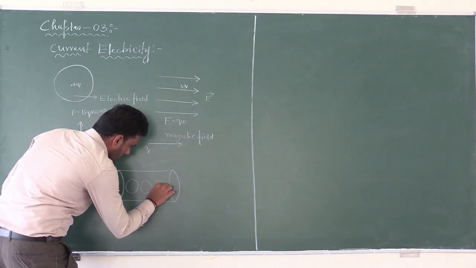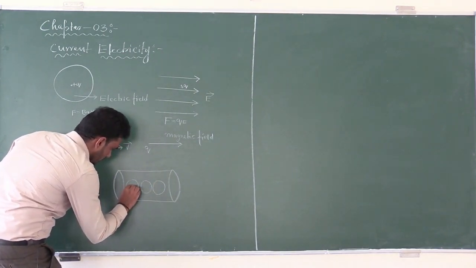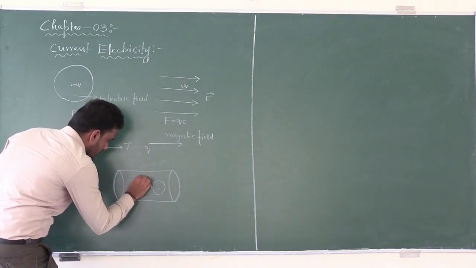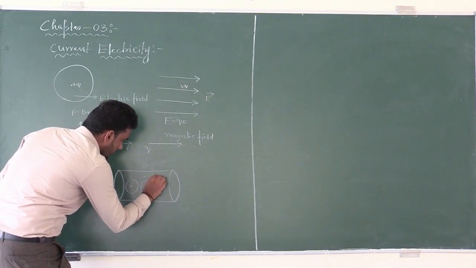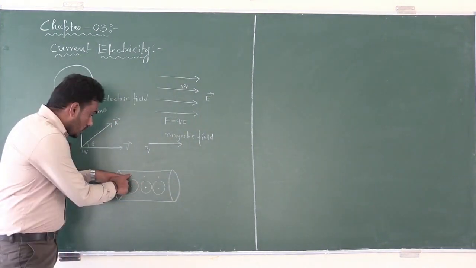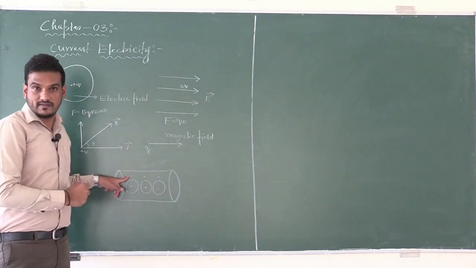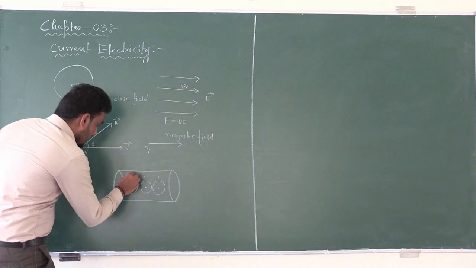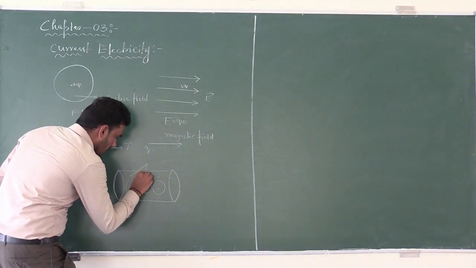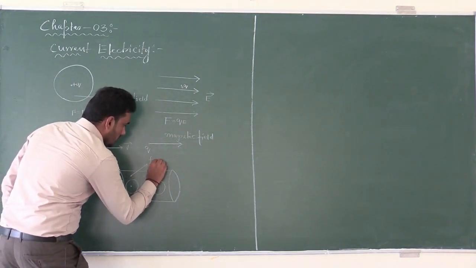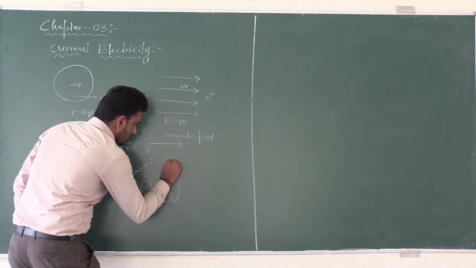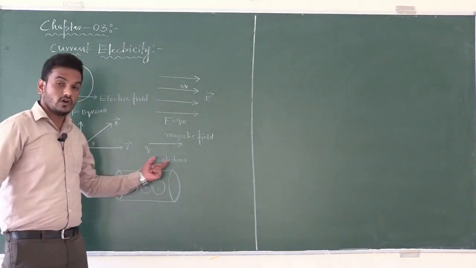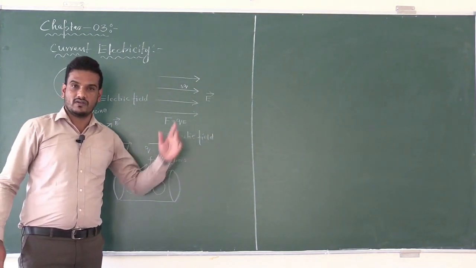So this is nucleus, nucleus, nucleus. It possesses many free electrons. They are loosely bound with the nucleus. So these electrons are called free electrons, also called valence electrons.